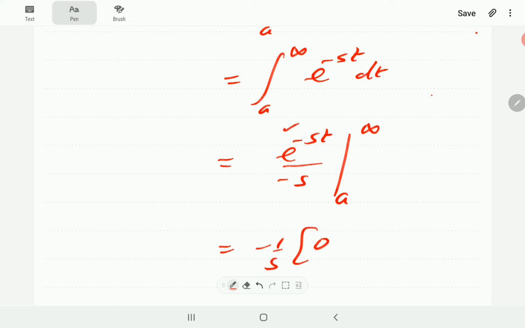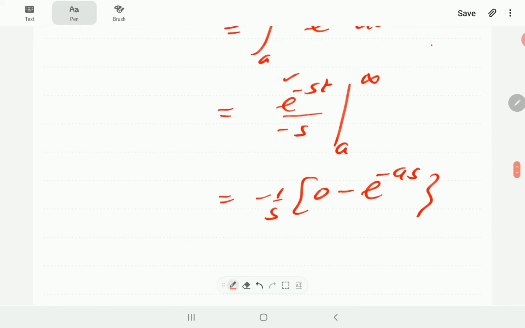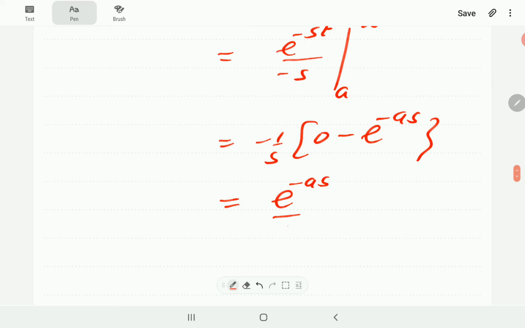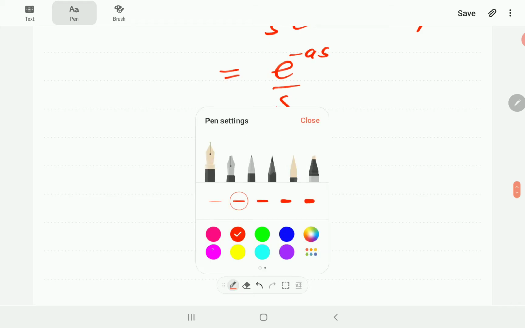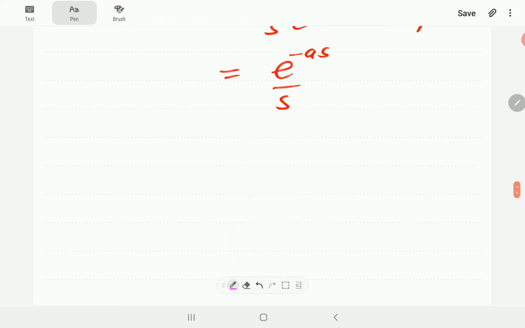And then, of course, when t is equal to a, this thing is going to be negative e to the minus as over s. And then if we open the brackets, this is going to give us the required result. So that is the first one. Then we are going to prove the last one here.